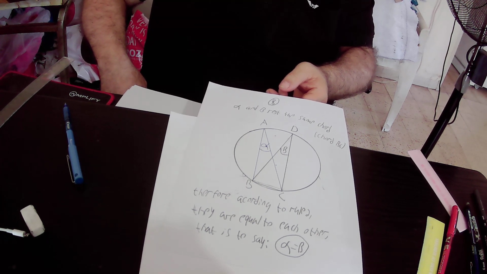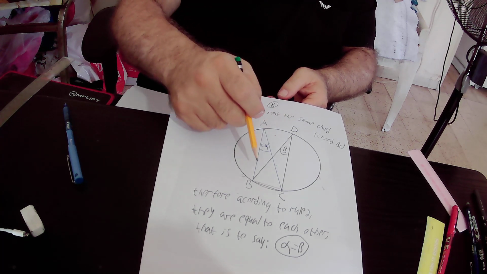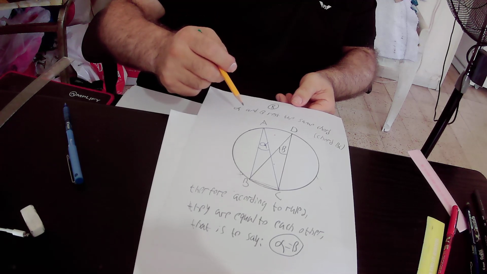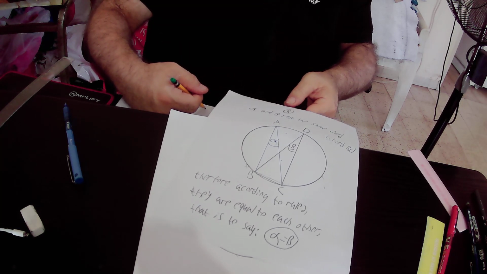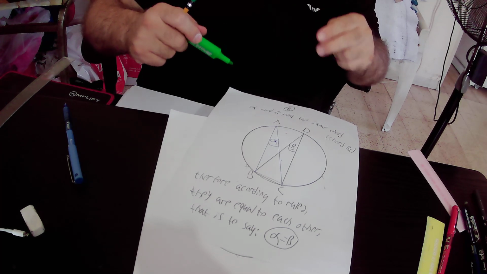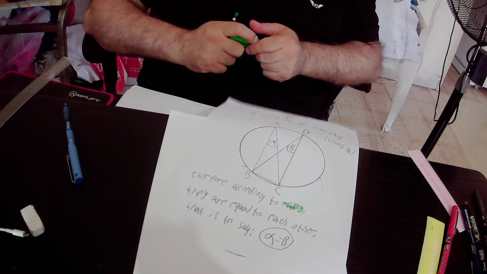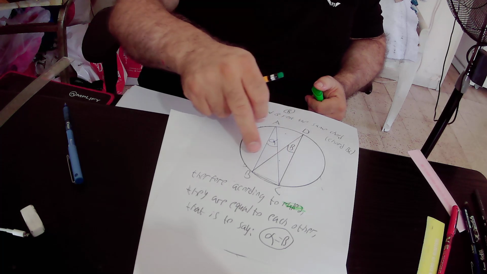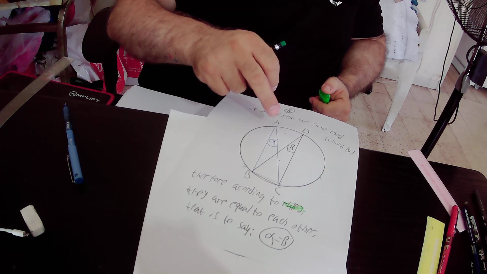That is to say, alpha equals beta. Because those two peripheral angles, alpha and beta, rest on the same chord BC, according to rule number 2, they are equal to each other.